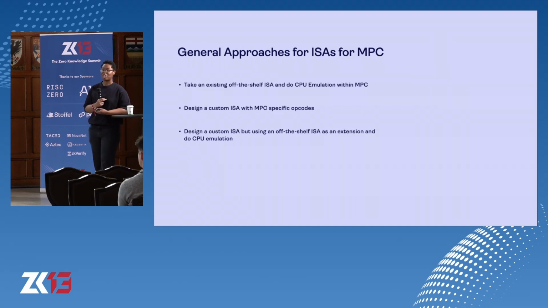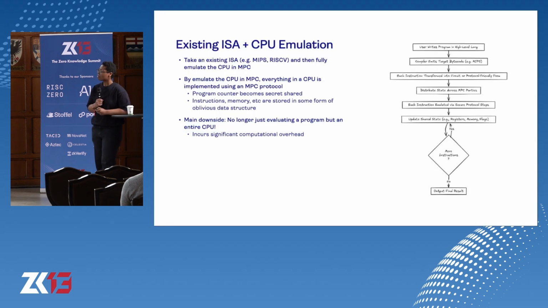So, general approaches for designing ISAs for MPC that you'll see in the wild. The most common one is to take an existing ISA, but then you do CPU emulation within an MPC network. The next one is to design a custom one and just do whatever you want. And the last one is usually to do some combination of both, while trying to balance the expectations that both give you.